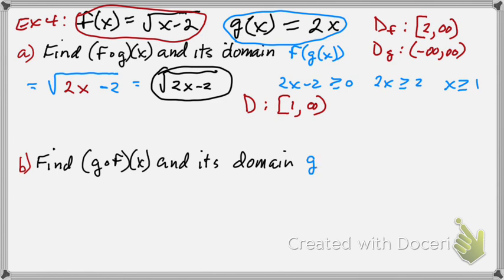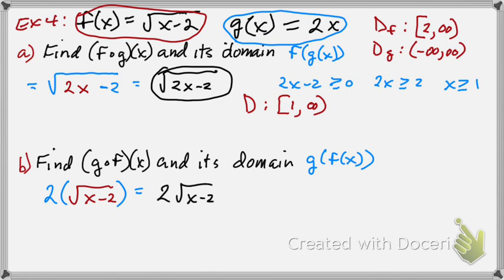So now I'm saying G of F of X. I'm looking at G. Every place I see an X, I'm replacing it with the output from F. So I've got 2 times, here's what's coming from F. And that's pretty much it. There's my composite function.